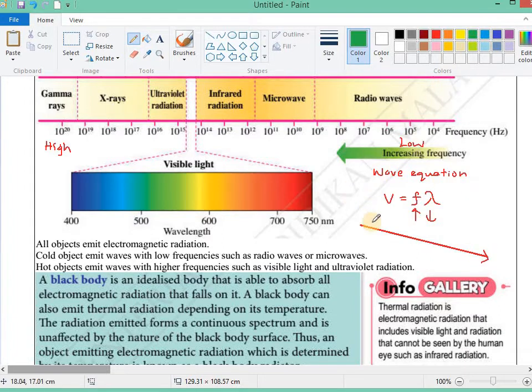Let's say this green color is the electric component, and this blue color is the magnetic component.